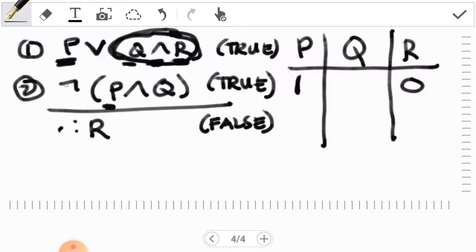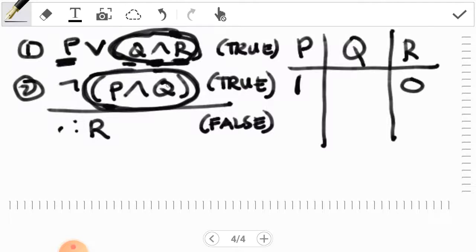Remember, this is a negation of this entire proposition here, so for the second premise to be true, P and Q must be false, so that when you negate a false value, it will give a truth value true. But P is already true.